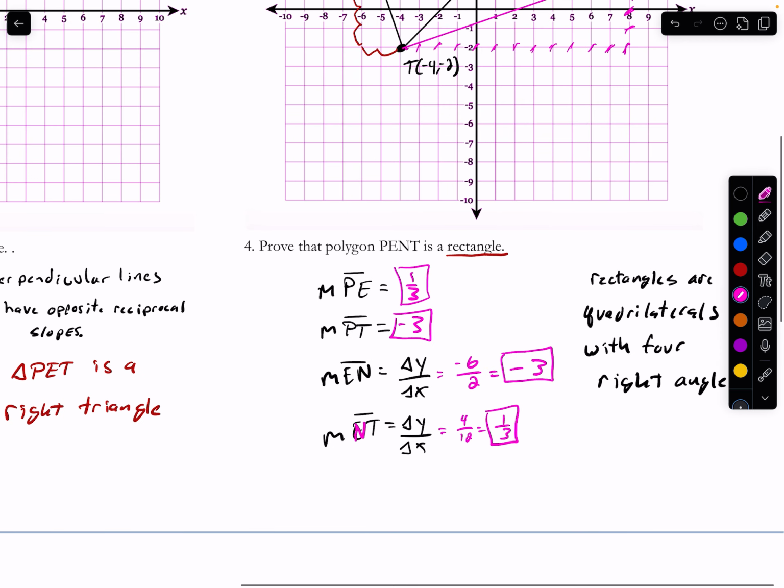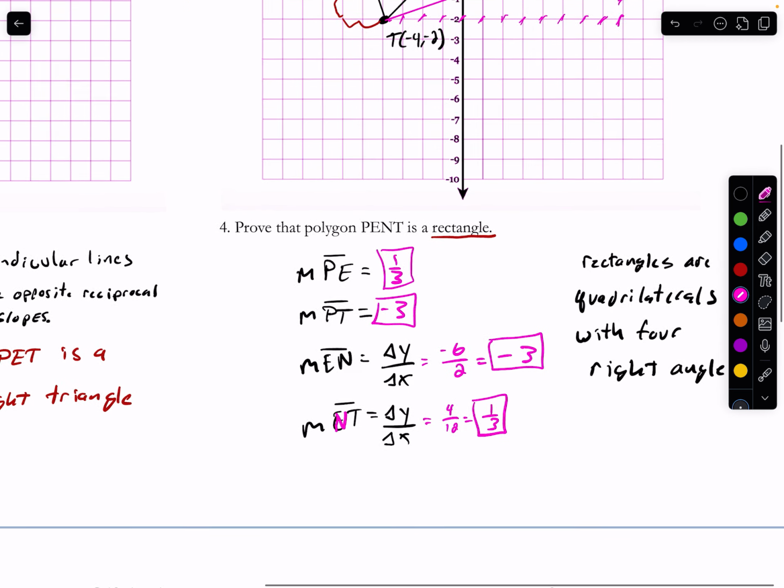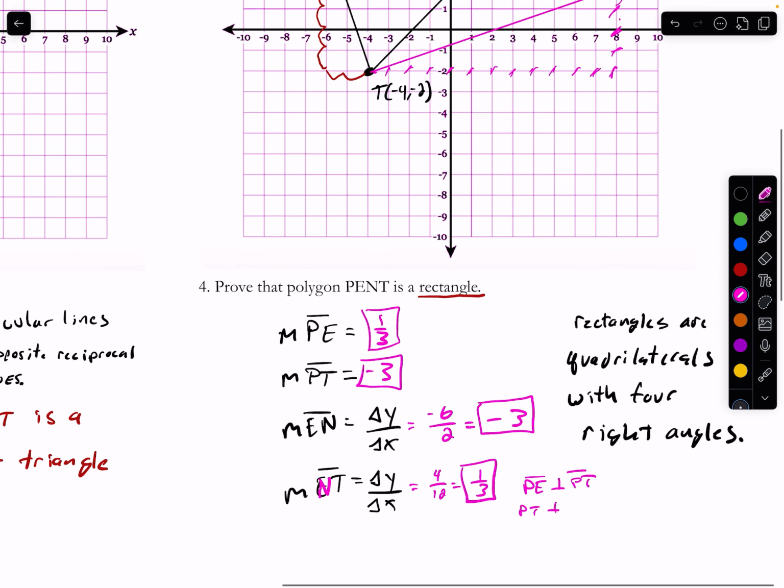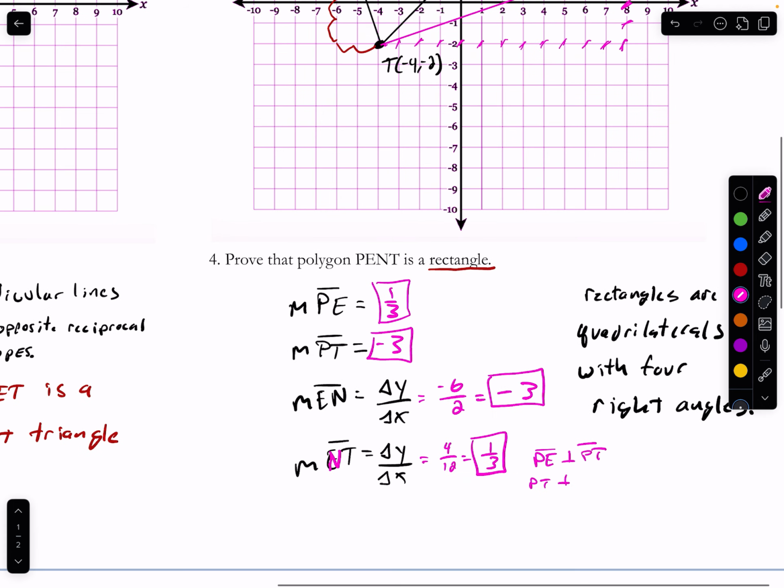So now we can say a bunch of things here, okay? We can say that PE is perpendicular to PT, so that's one right angle. We can say PT is perpendicular to NT.